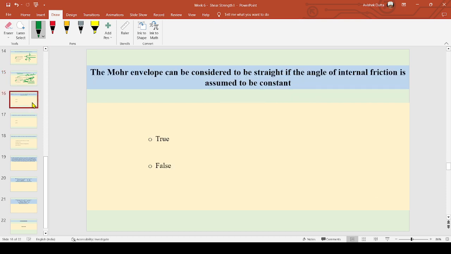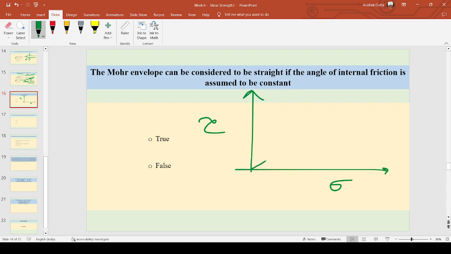The Mohr envelope can be considered to be straight if the angle of internal friction is assumed to be constant. So, this is sigma and this is tau.